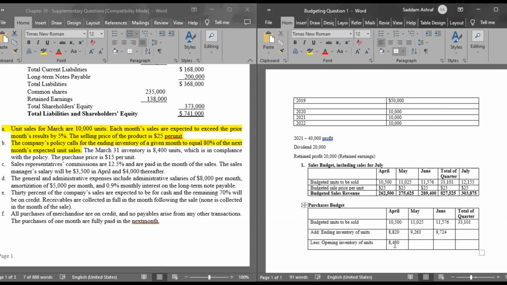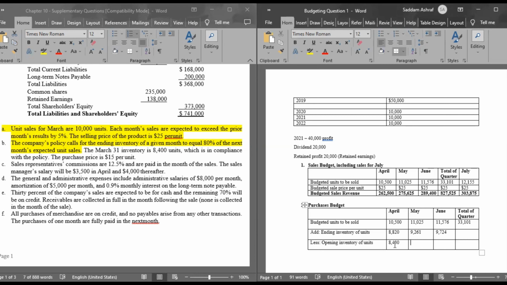Now, my question is how much will be the opening inventory in May? Is it the same? No. Let's look at the April column. In the April column, we have ending inventory of 8,820 units.